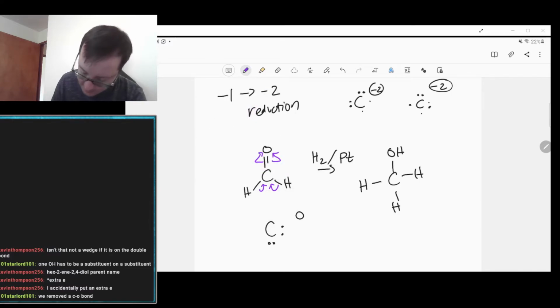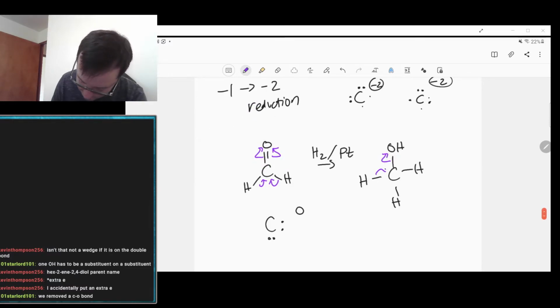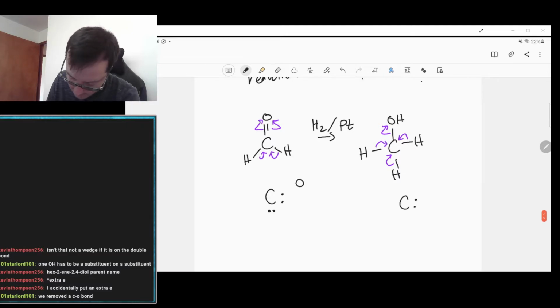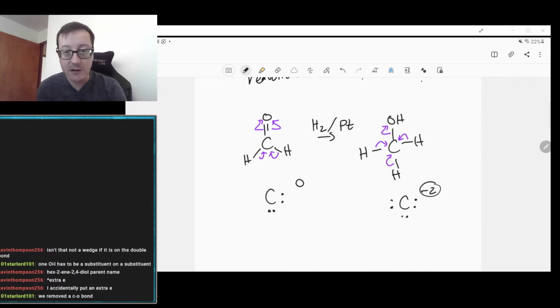If we're going to break this heterolytically, we see that we have carbon now with 6 electrons, giving it a -2 oxidation number. And as Jackson has pointed out, in conjunction with me, I said we added a CH, he said we removed a CO. That is two things happening, which is why we have -2.